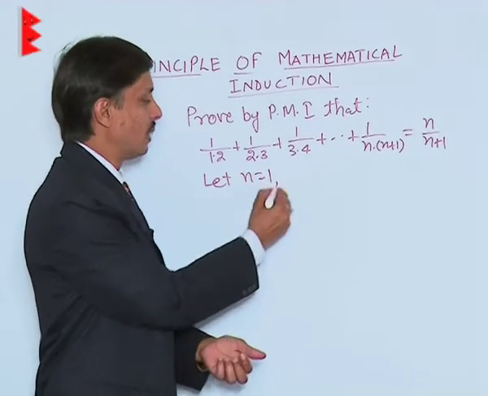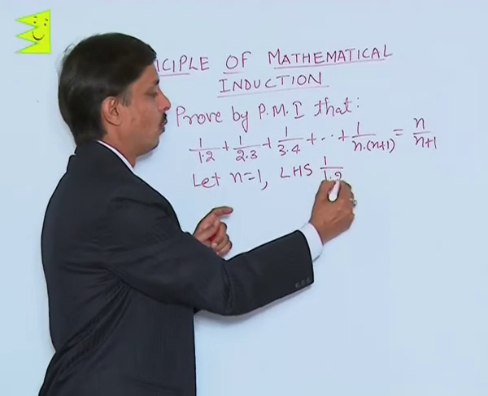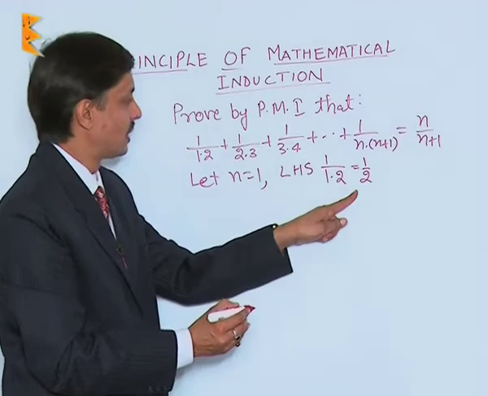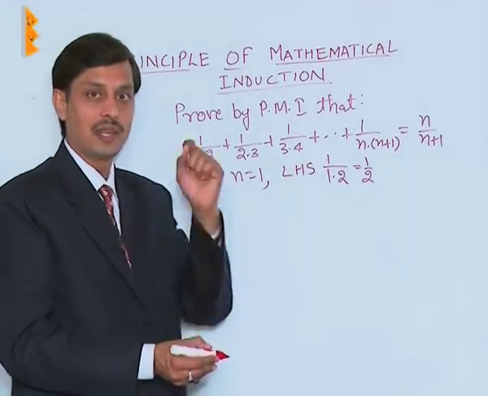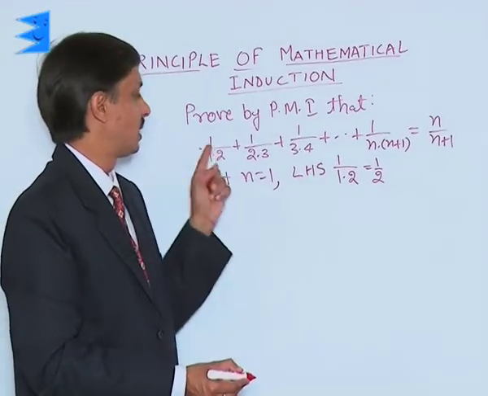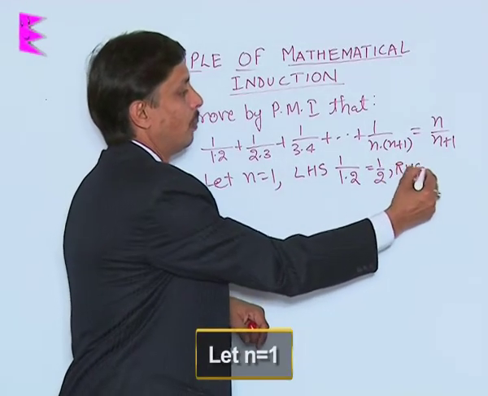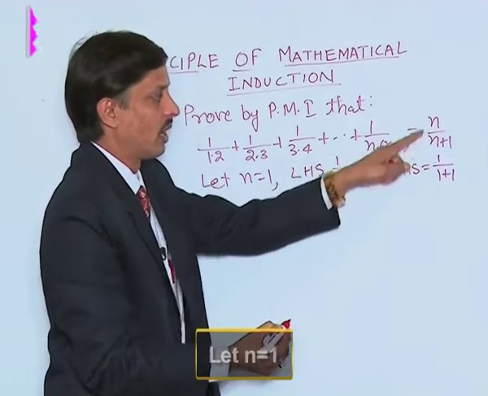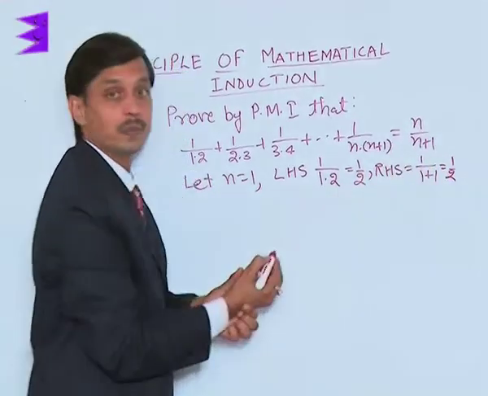Let n equal 1, means on the left hand side, 1 upon 1 into 2 becomes 1 by 2. The value of the left hand side at n equals 1, to verify that the result is true at n equals 1, we have to take LHS as first step, and the RHS becomes 1 upon 1 plus 1 because n is 1. 1 upon 1 plus 1 gives us 1 by 2.